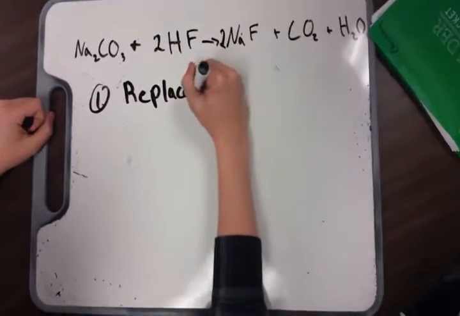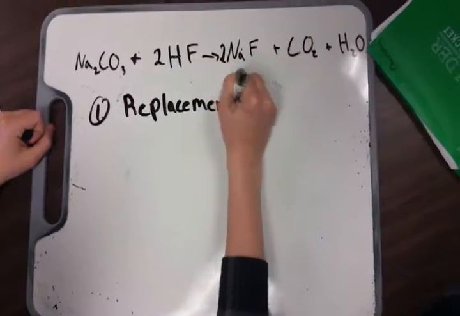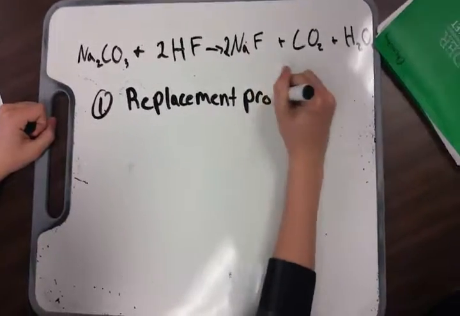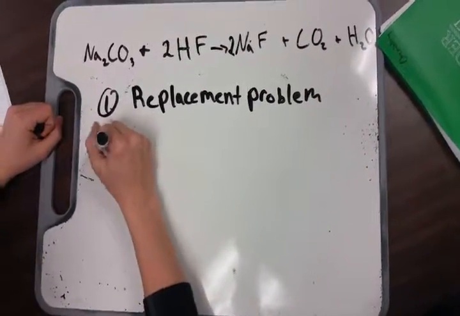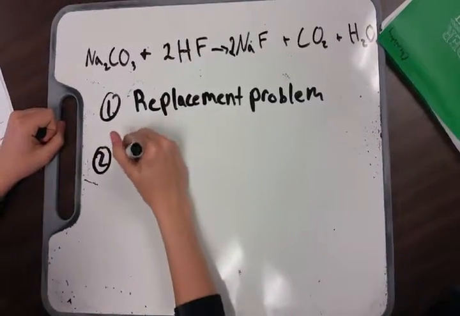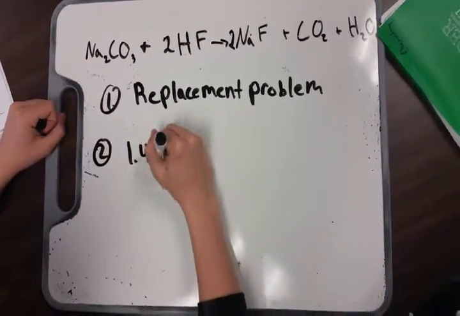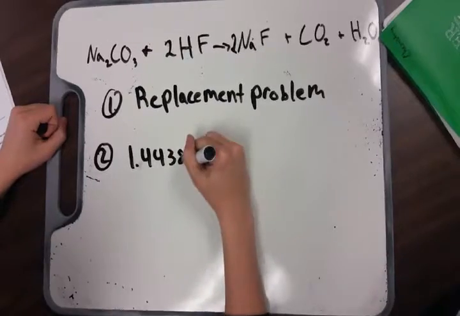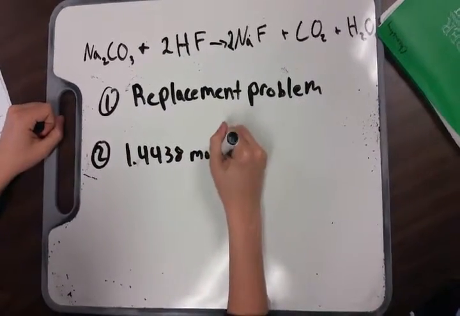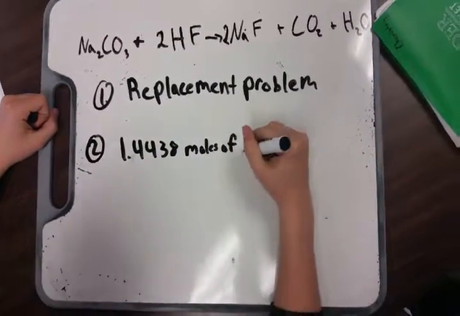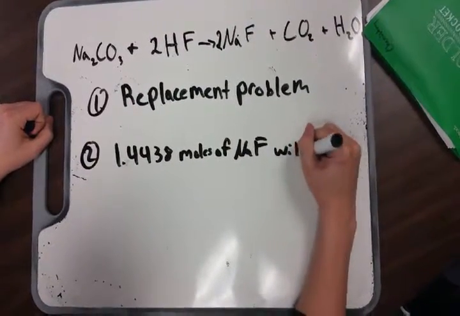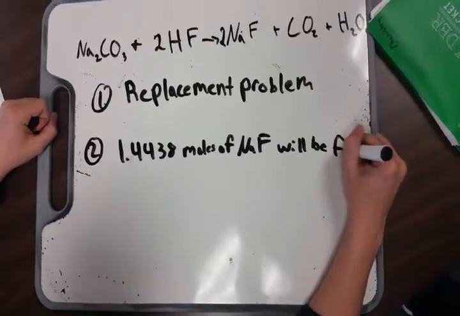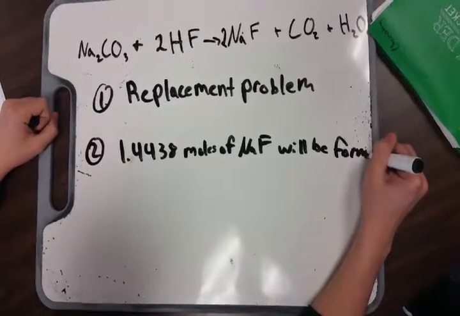So just to recap, the first thing we did for this problem is we figured out what kind of reaction it was, and we realized that it was a replacement problem. The second question that we answered, part B, which was if 3.5 moles of hydrofluoric acid react with 76.5 grams of sodium carbonate, how many moles of sodium fluoride is produced?